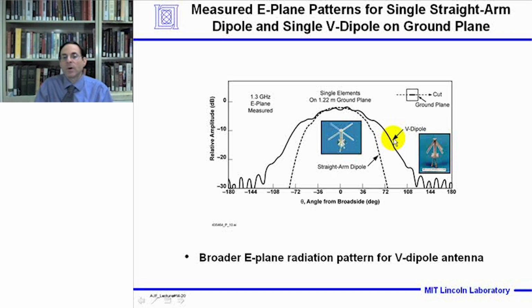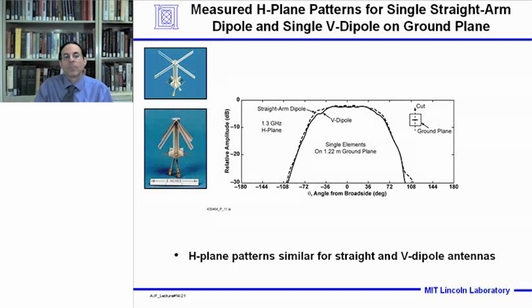So the effect of sweeping the arms down toward the ground plane broadens the element pattern, and this will be advantageous for a phased array for getting wide-angle steering. In summary, we see a broader E-plane radiation pattern for the V-dipole antenna compared to a straight dipole.